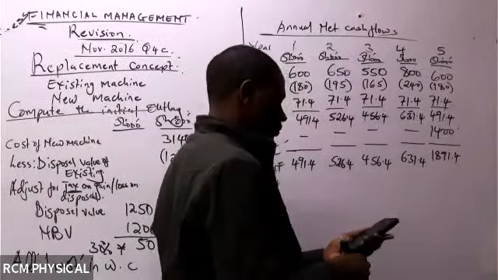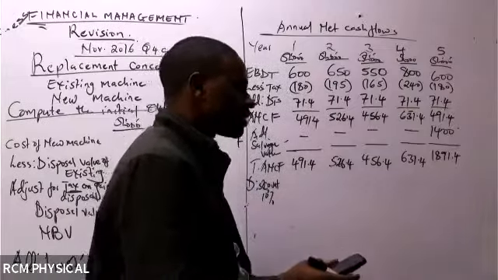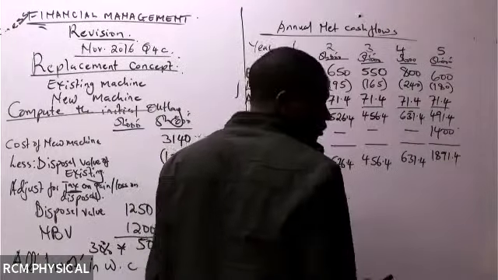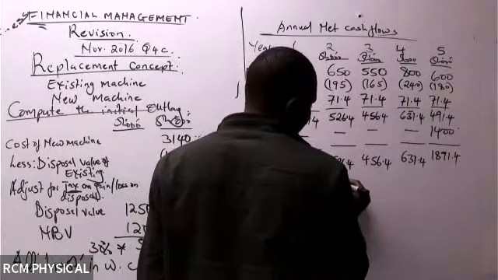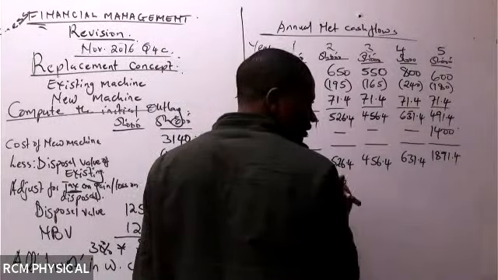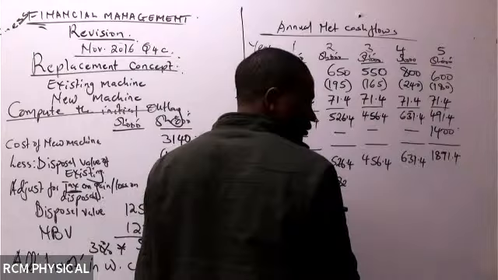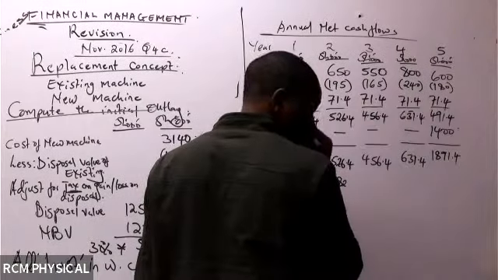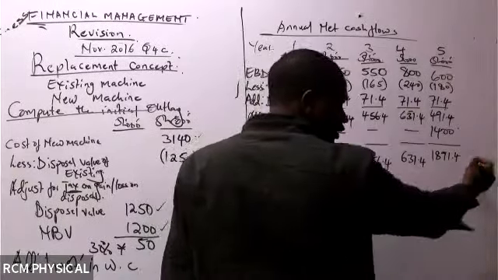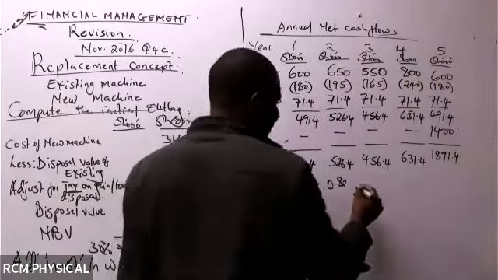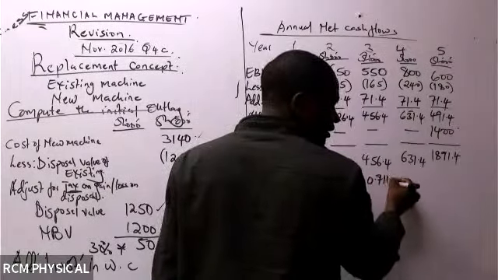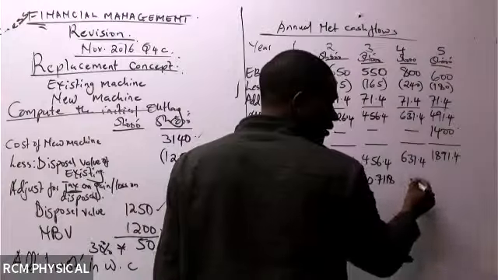So for the 10% factors, let me confirm: 0.8264, 0.7118, 0.7513, 0.6830. Let me just confirm for me.